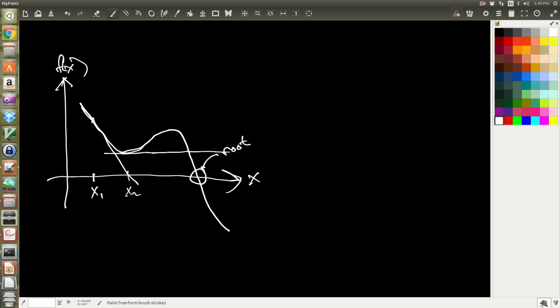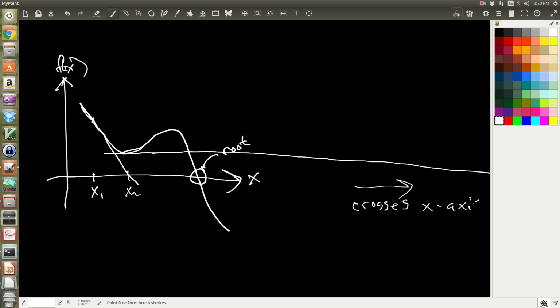We could draw this, and maybe it crosses the x-axis somewhere way out here, way far away from the root. And so that's a case where you would get divergence.